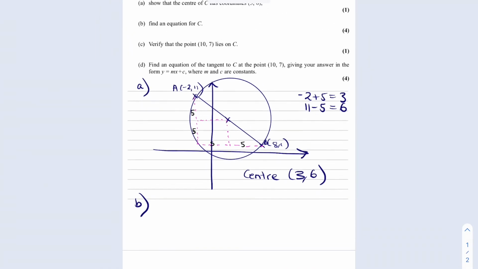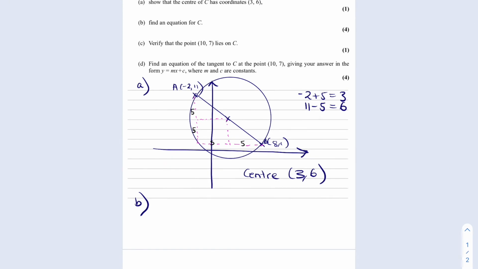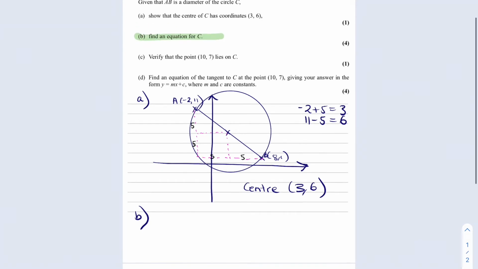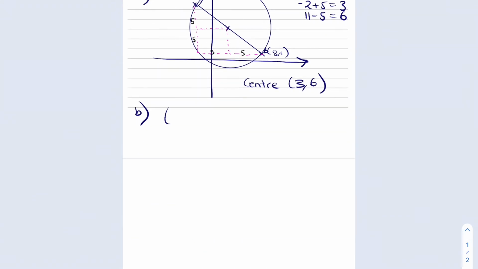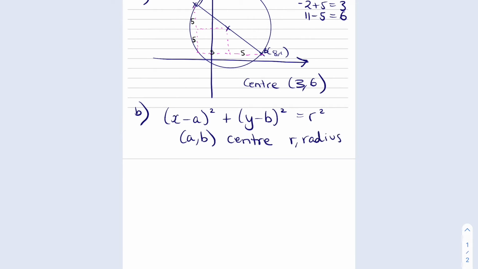Might seem excessive on the workload, but now we've got the diagram, it will help us with other parts of the question. So part B asks you to find an equation for C. Now we should know that the general equation of a circle is x minus a squared plus y minus b squared equals r squared, where a, b is the centre and r is the radius.